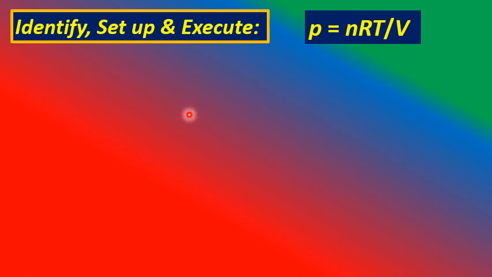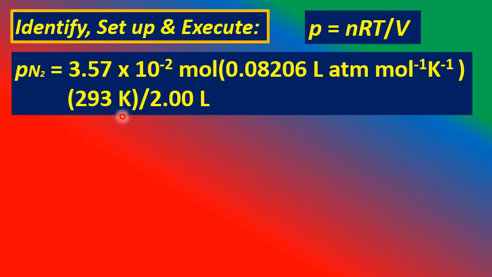For the nitrogen gas, its number of moles, 3.57 times 10 to the negative 2 power mole, is again multiplied by the value of the big R, or the gas constant, and also multiplied by the absolute temperature, 293 Kelvin, and the product is to be divided by the given volume, 2.00 liter.